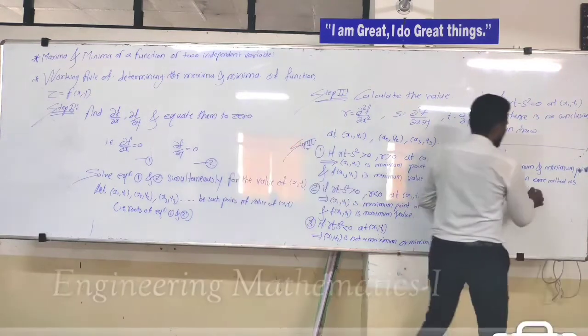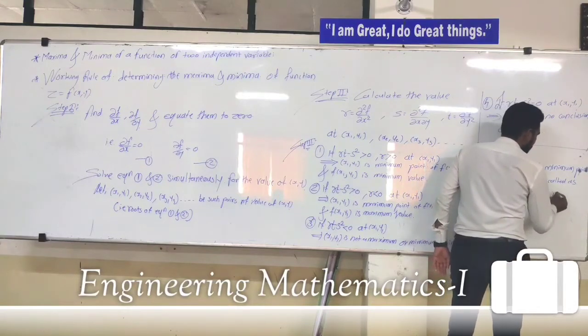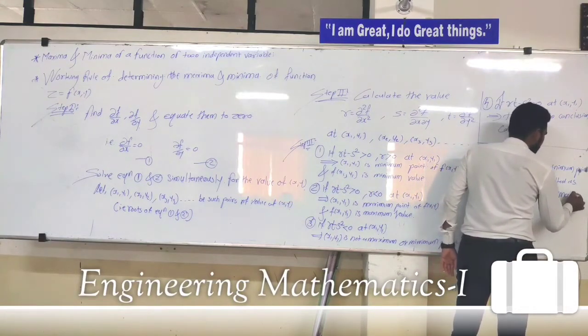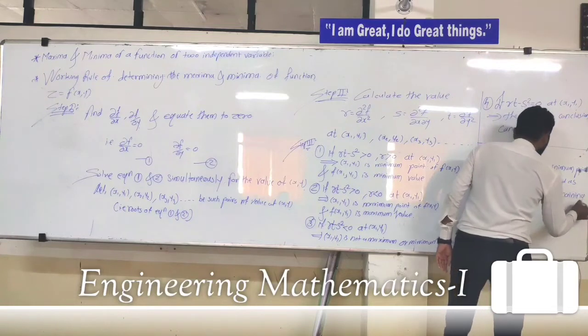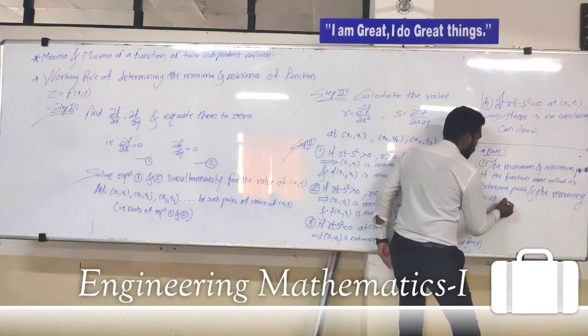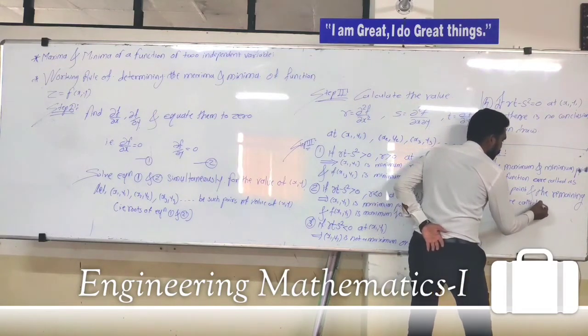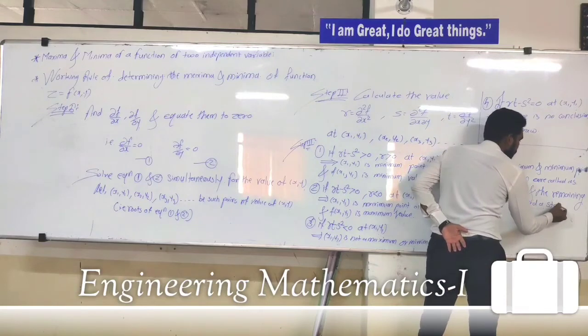The other points, the remaining points, are called stationary points.